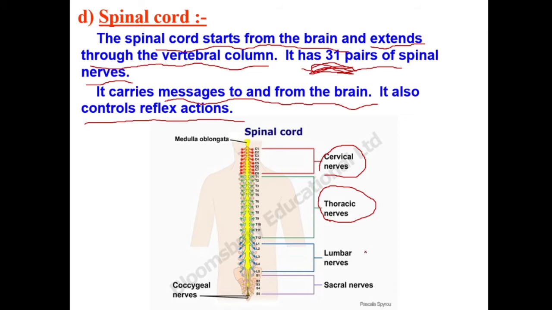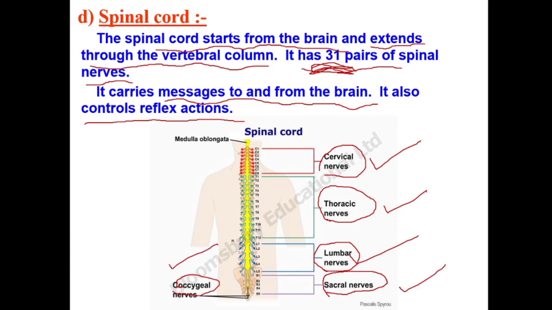After that 5 nerves are called lumbar nerves. After that 5 nerves are called sacral nerves. After that we have coccygeal nerve. So how many types of spinal nerves do we have? Cervical, thoracic, lumbar, sacral and coccygeal nerves. No need to remember their number, you just remember their name.